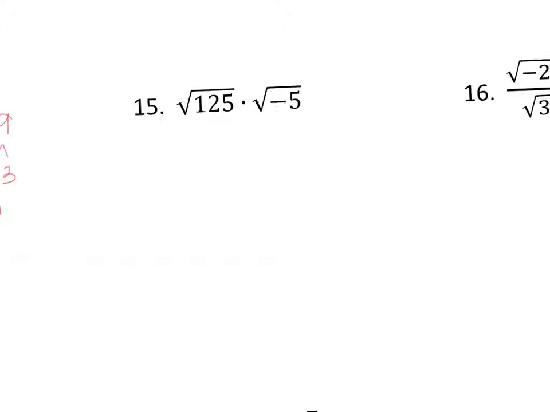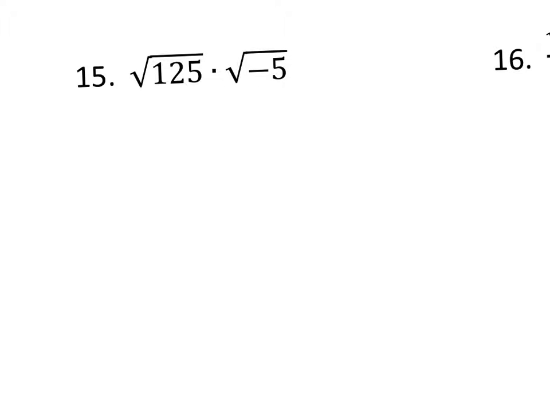What about number 15? Number 15, 125 is a pretty large number. I actually probably want to reduce that first. So 125 I can split up into 5 and 25. 25's two factors are 5 and 5. Well, that means I'm going to have 3 5's. 2 of them will come out.